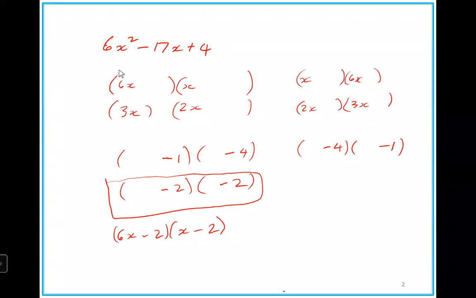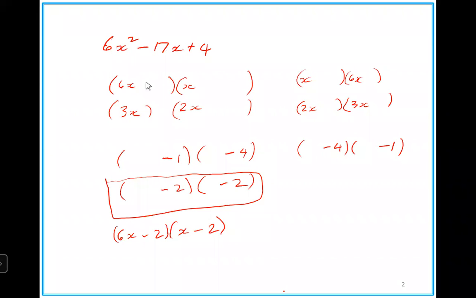So because we are using this factoring method, we use a little bit of logic to figure out what combination could be for the first and the last term, but the middle term is where we have to now work out which of them would give you that middle term.